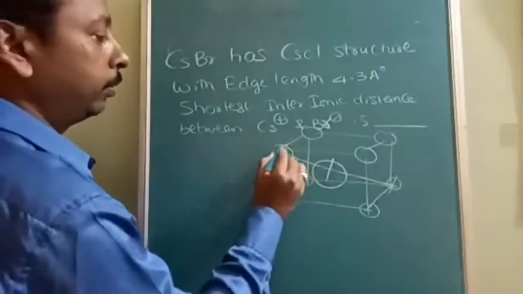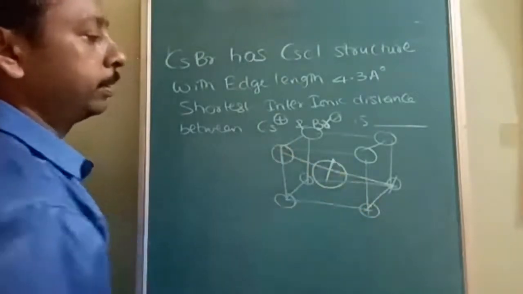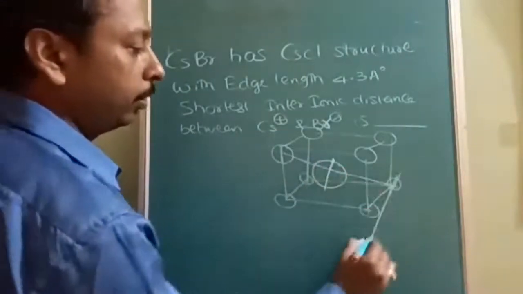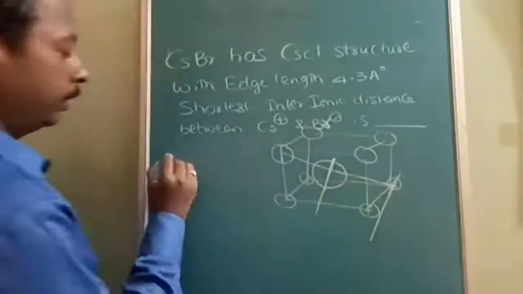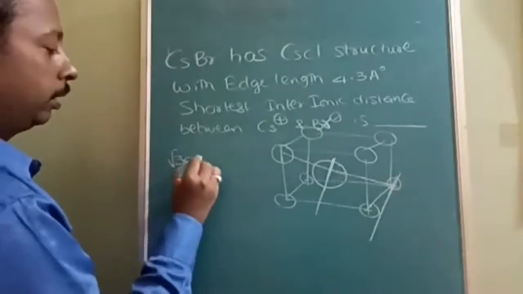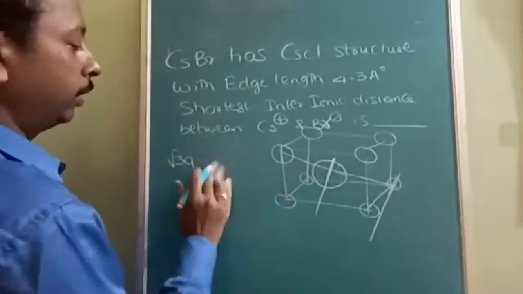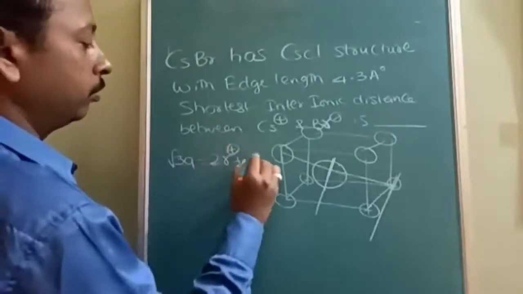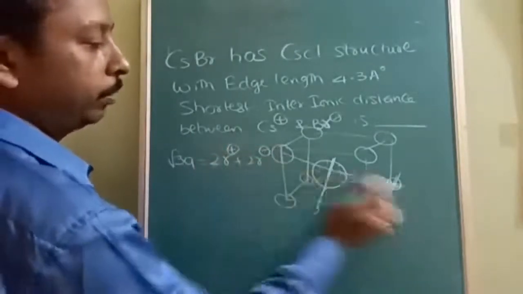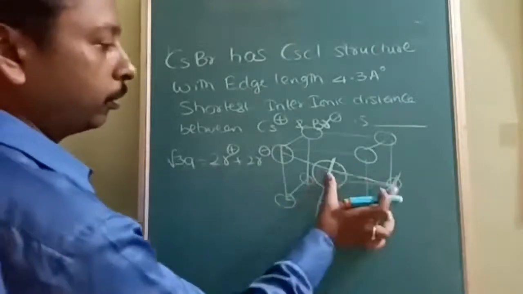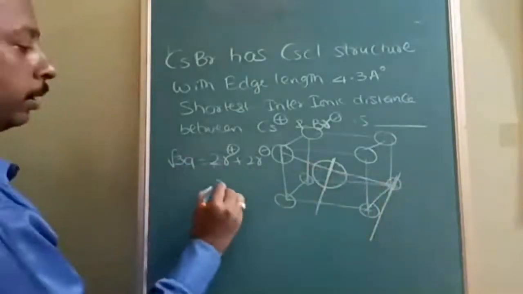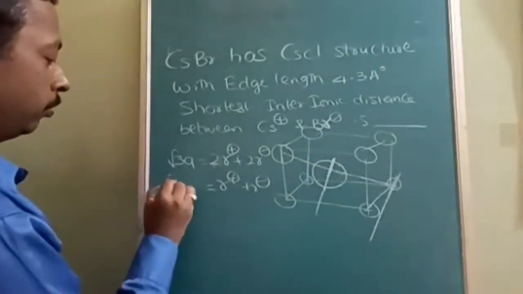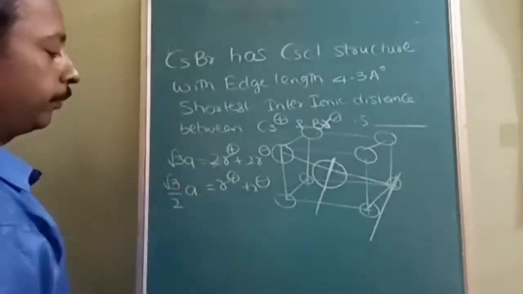Okay, so between them the shortest possible distance is this only, from here to here you have to take. All of you are aware that root 3 a is equal to 4, otherwise 2R plus and 2R minus, from here to here I am talking. But we want only this distance. The radius of plus plus the radius of minus is equal to root 3 by 2 into a.